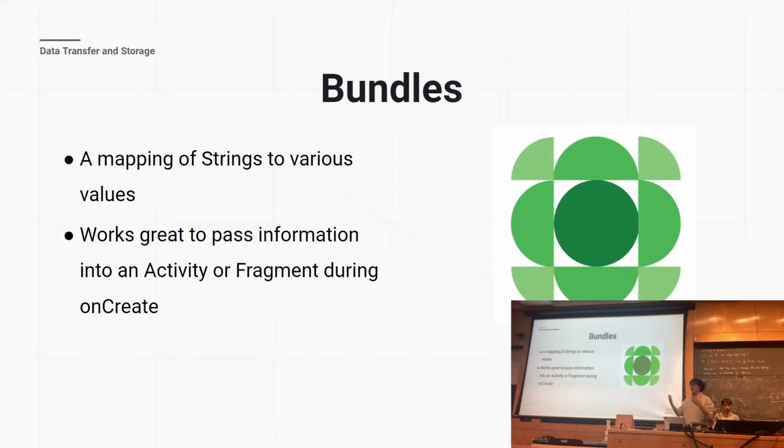When we were using putExtra with our intents, when we were passing data between activities, you might notice that we were using these things called bundles. Specifically, you specify any additional information to the intent inside a bundle. As a result, the resulting type of the getExtra call from the resulting activity from the intent is a bundle with a key that is used to access the various data that you've stored within it.